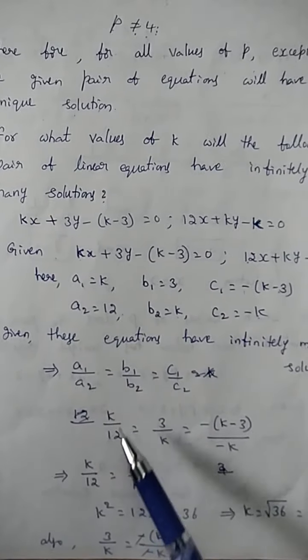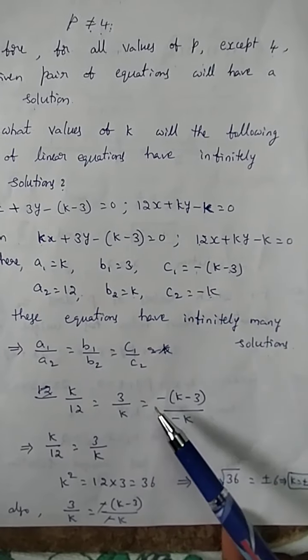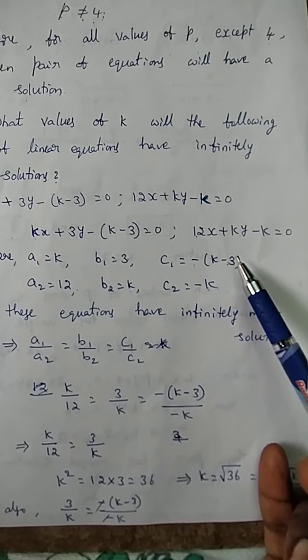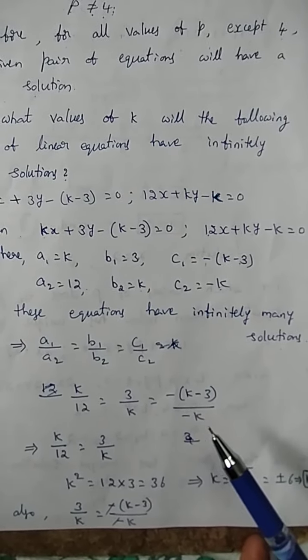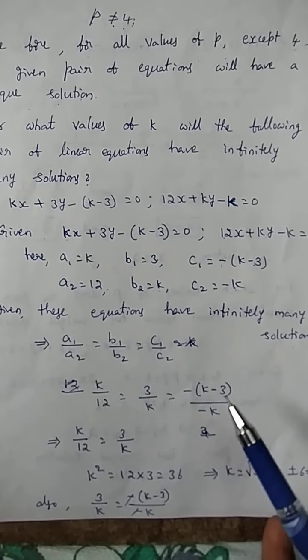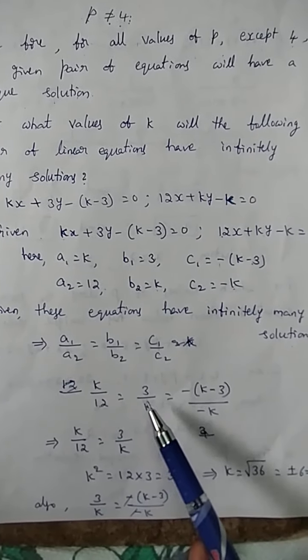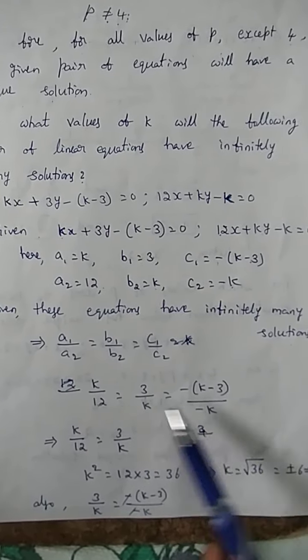So a1 by a2, k by 12, is equal to b1 by b2, 3 by k, is equal to c1 by c2, minus of k minus 3 by minus k. Here these three ratios are equal.